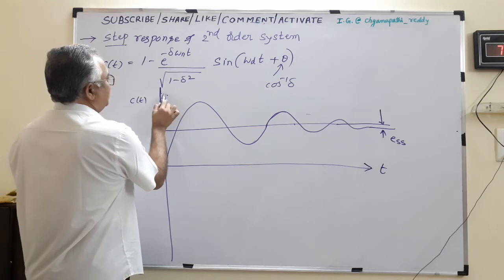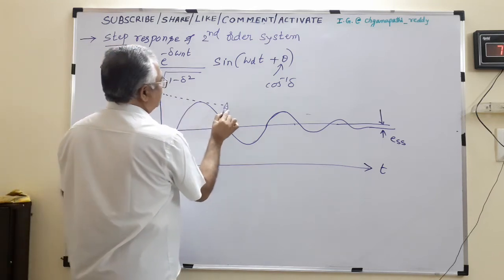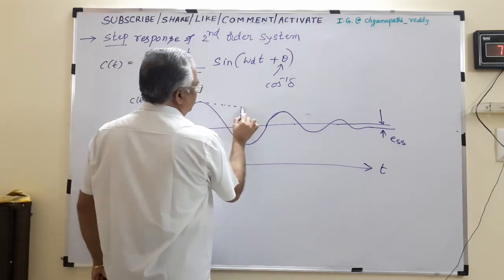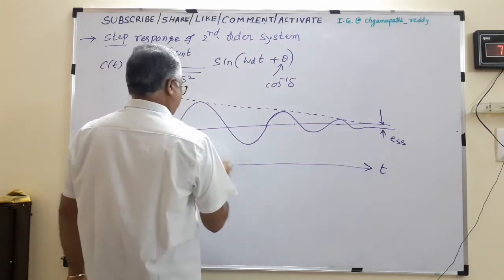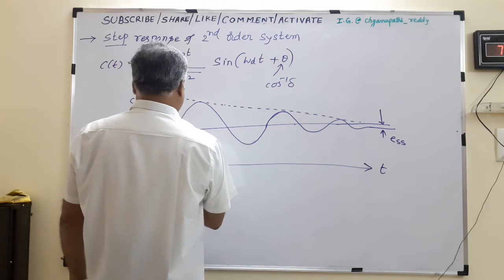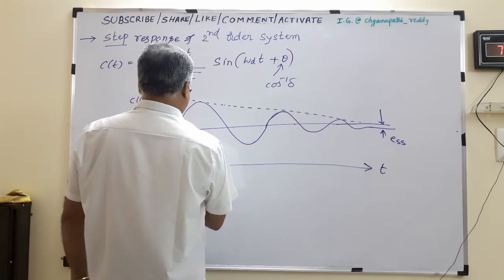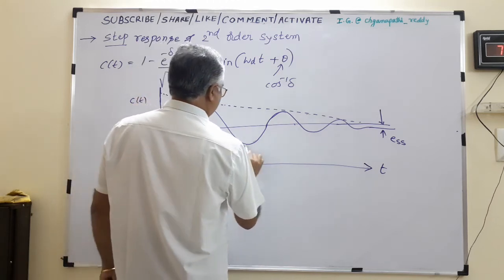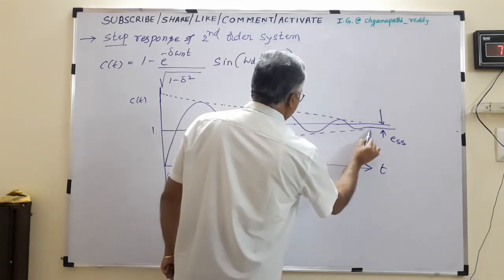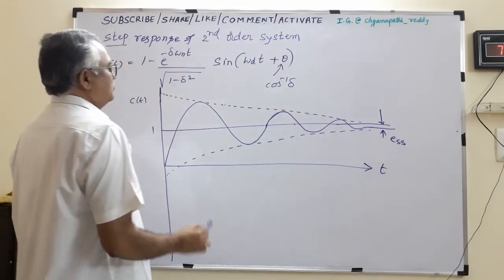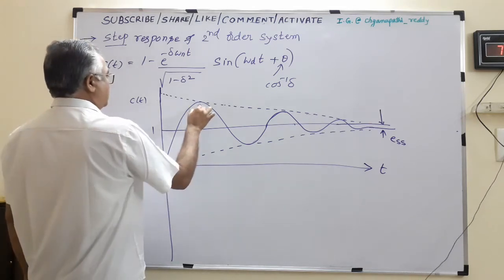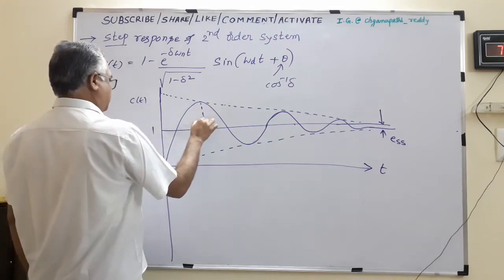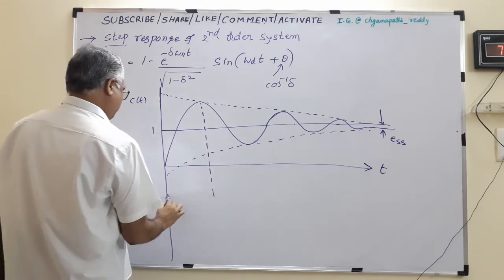So these are the peaks. If I join them, it will reduce exponentially. These are the negative peaks. At what time is it going to the maximum?